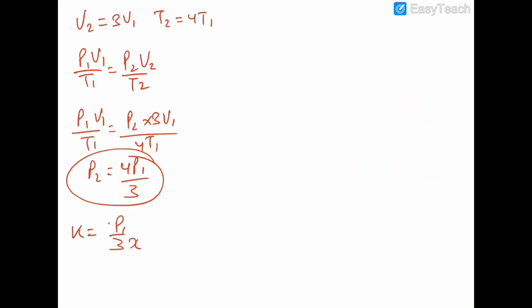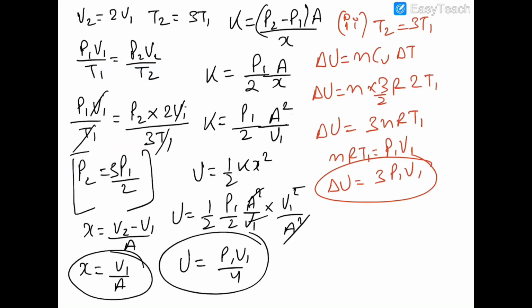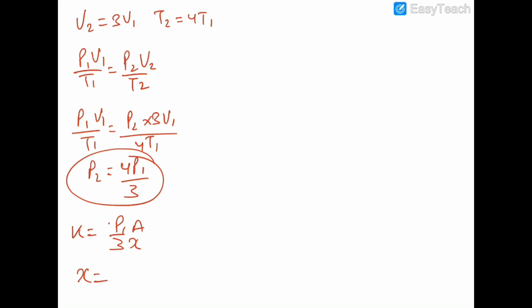into area, yeah, and the value of X will be equal to V2 minus V1 by area. This is the value of X. So X is V2 minus V1, which is 2V1 by area. So value of K will be P1 A square by 3 into 2, 6V1.